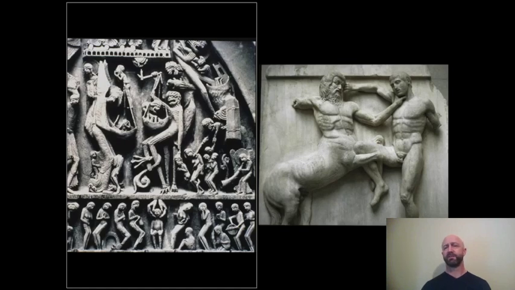Again, our first thought would be it looks naturalistic. Those look like real human bodies. Centaurs we don't see every day, of course, but that looks like a horse's behind, body and so forth. But they're very idealized and made to look even more perfect in their symmetry and in their proportionality and so forth.